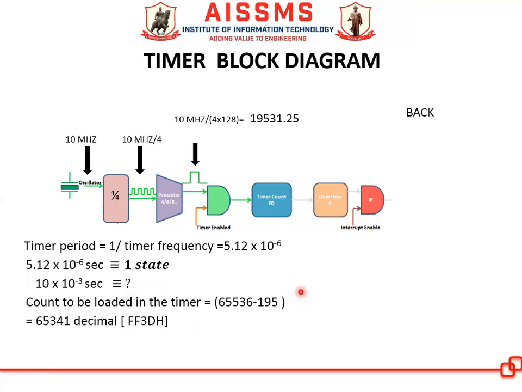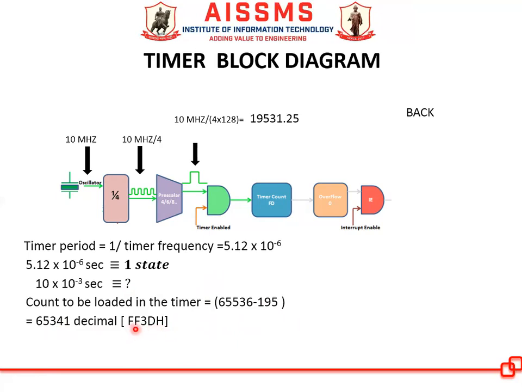Now, for the timer to overflow after 195 states, what is the amount of count that needs to be loaded? If you load the number 65536 minus 195, which is 65341, in hexadecimal it is FF3D, then it will start counting from FF3D.